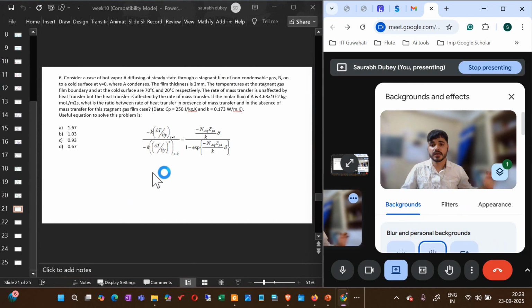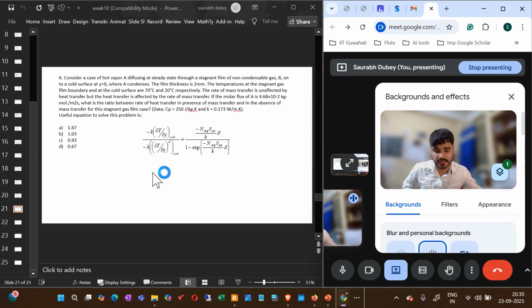You see, consider a case of hot vapor A diffusing at a steady state through a stagnant film of non-condensable gas B on a cold surface at y equals to 0, where A condenses. The film thickness is 2 mm. The temperature at the stagnant gas film boundary and at the cold surface is 70 degrees Celsius and 20 degrees Celsius respectively.